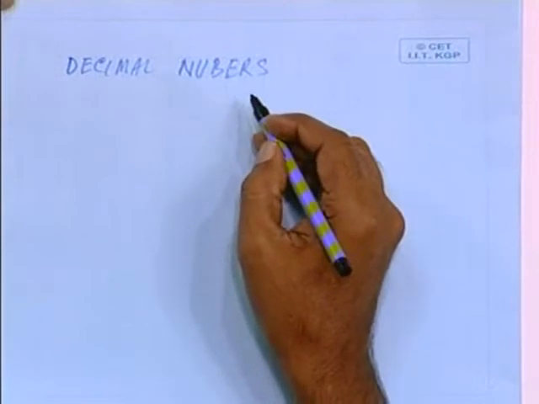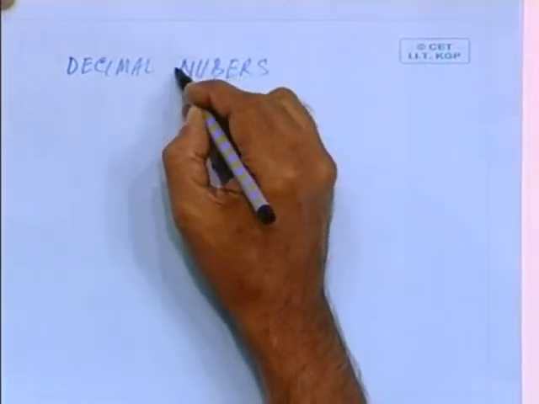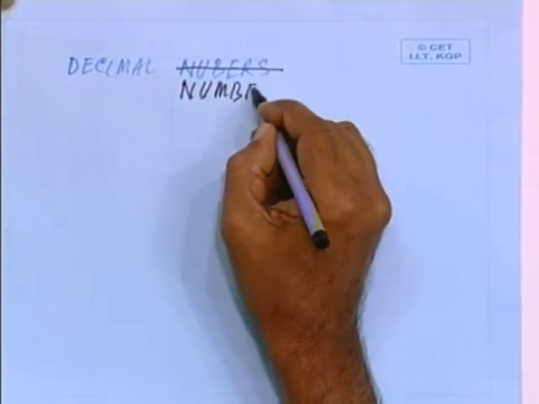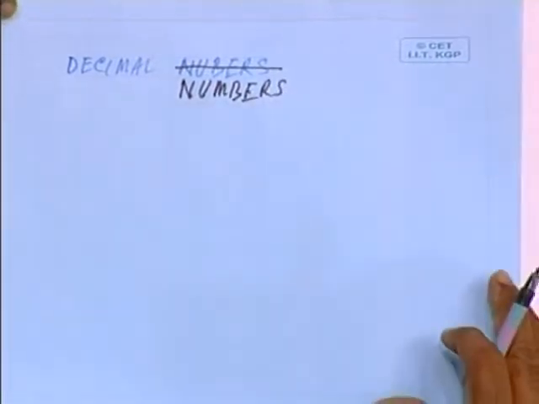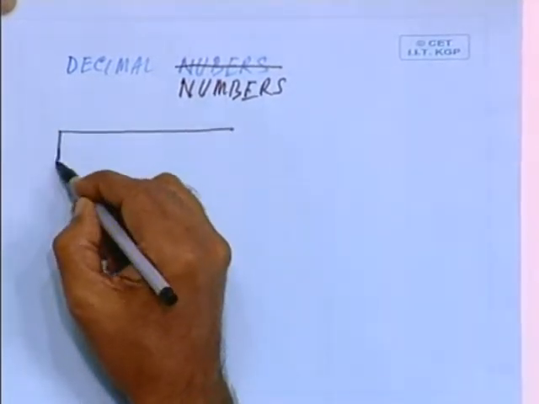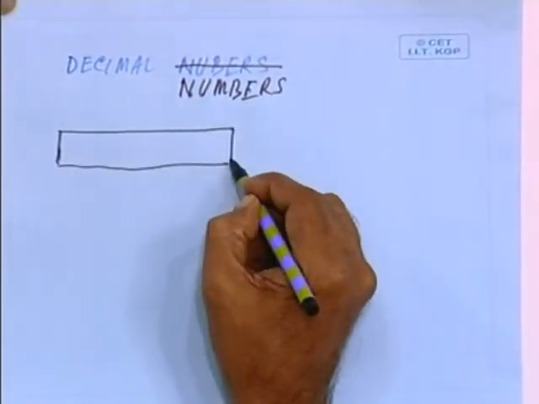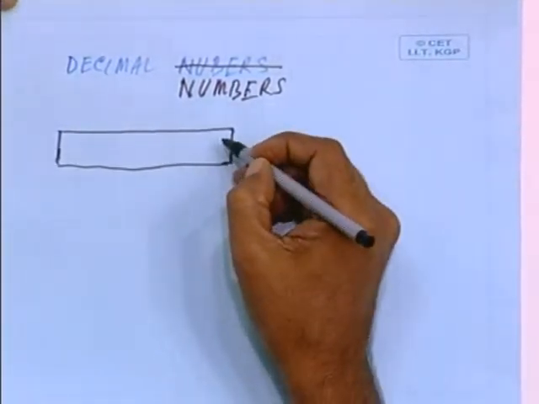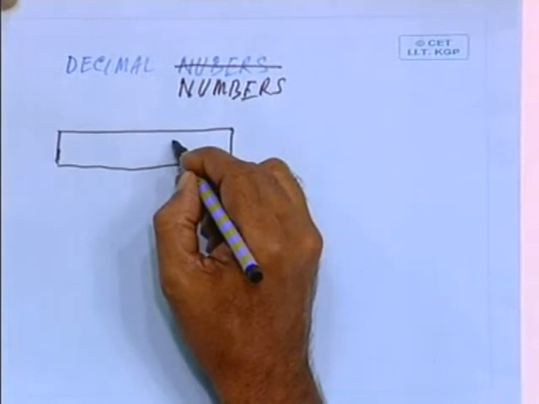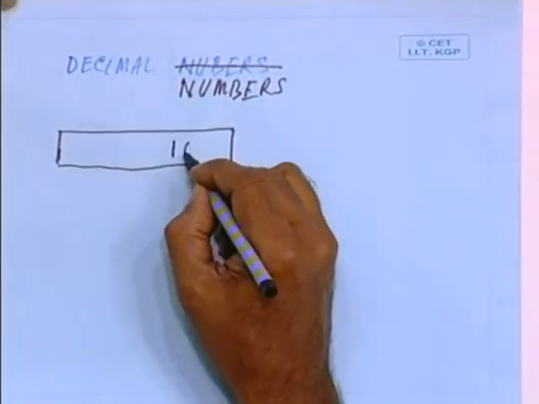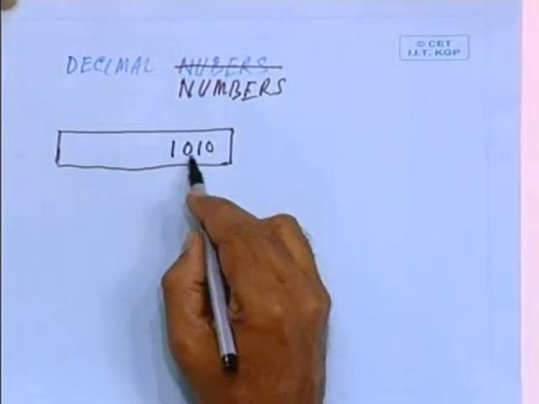The decimal numbers can be stored inside the memory. For example, in 1 byte, you can store it in this manner. This part represents the BCD number, a binary coded decimal number 1010. That is your 10.